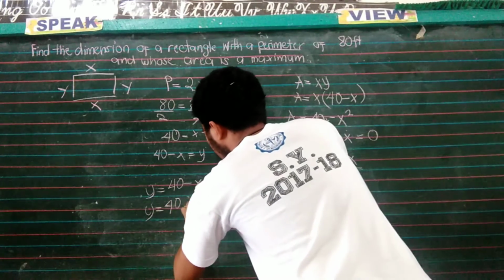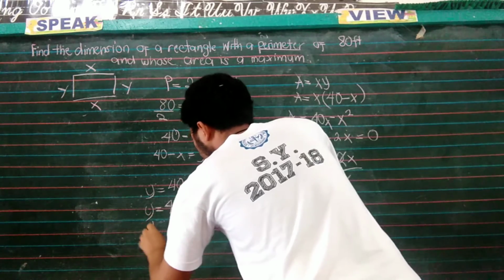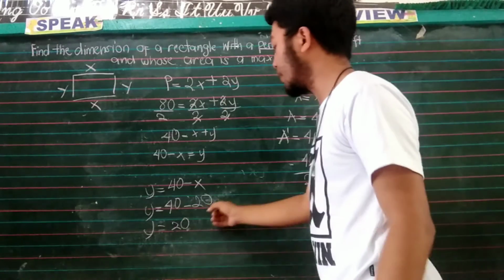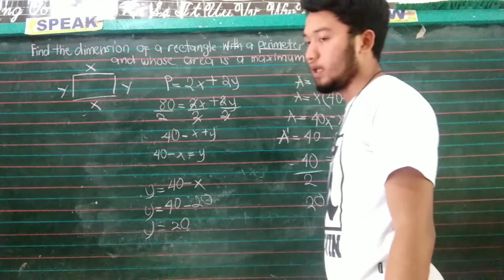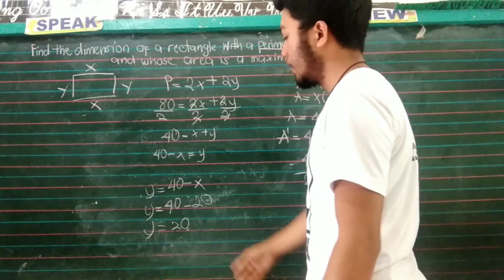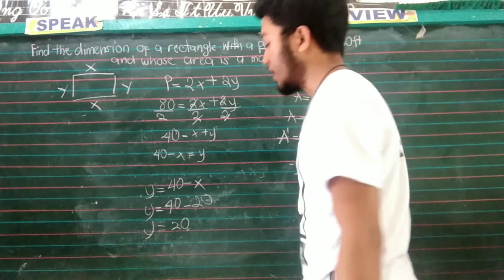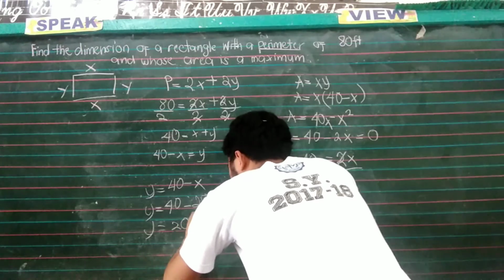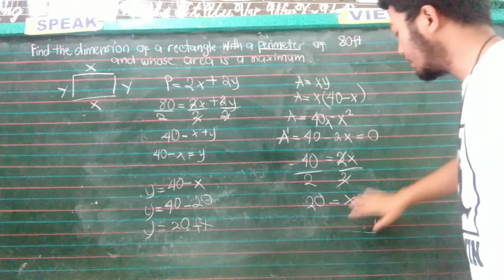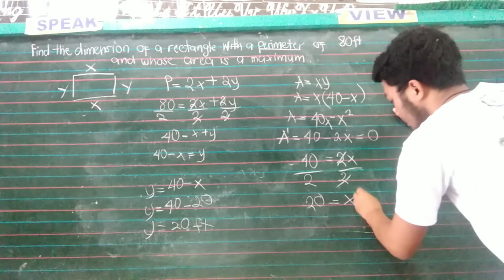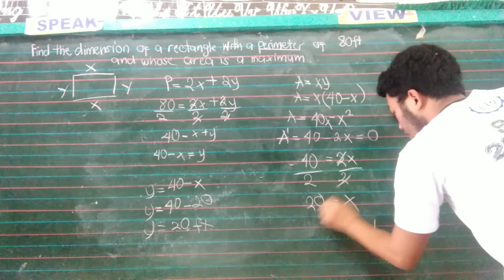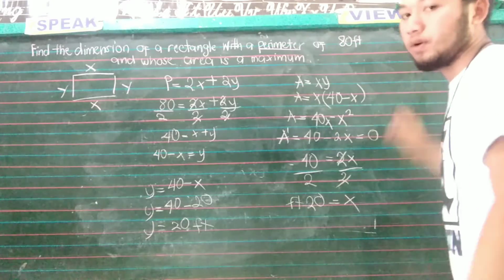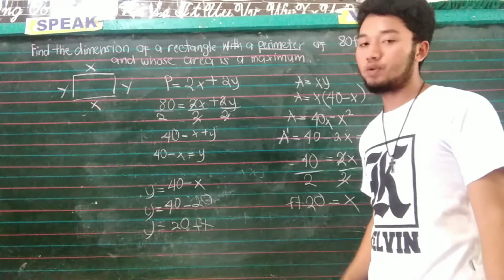So y is equal to 40 minus 20, which is 20. So this is now the dimension for the rectangle. The dimension of y is 20 feet, and the dimension for x is 20 feet.